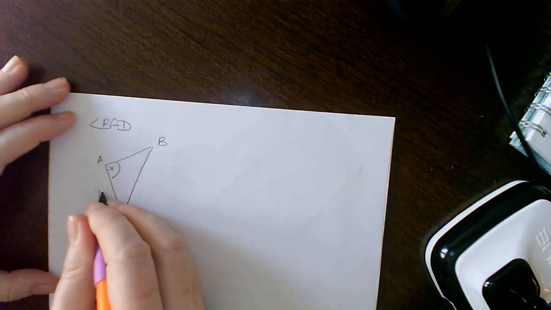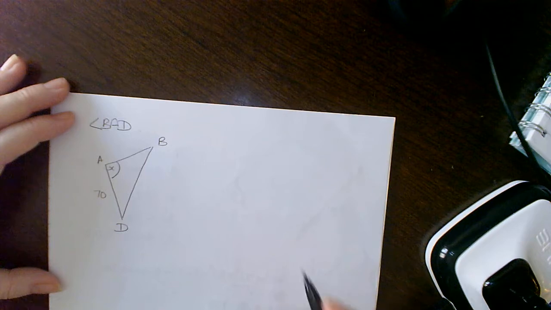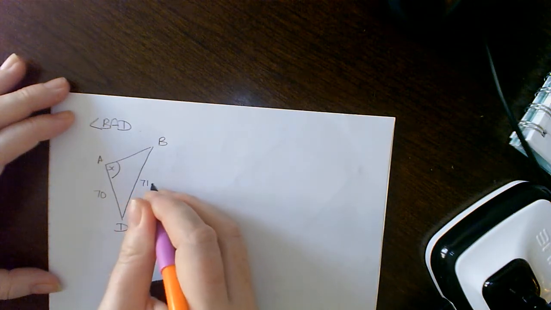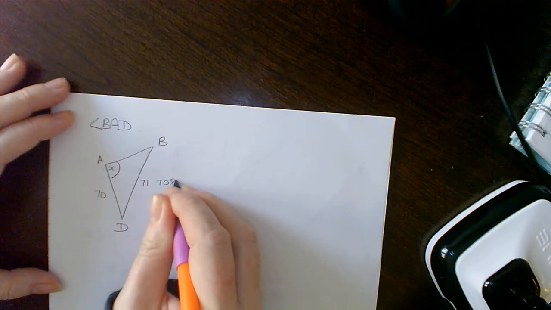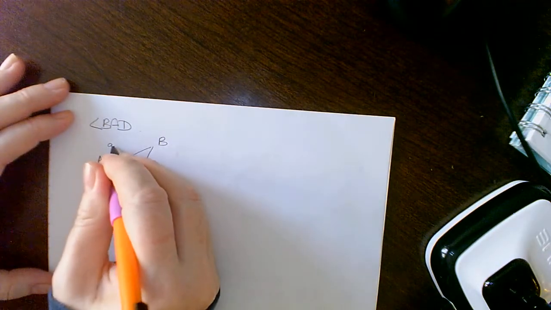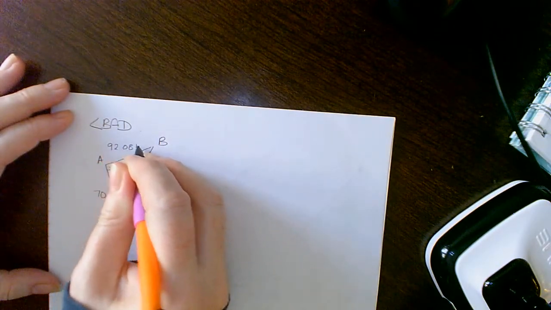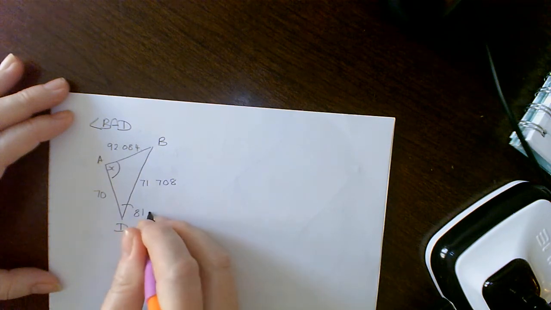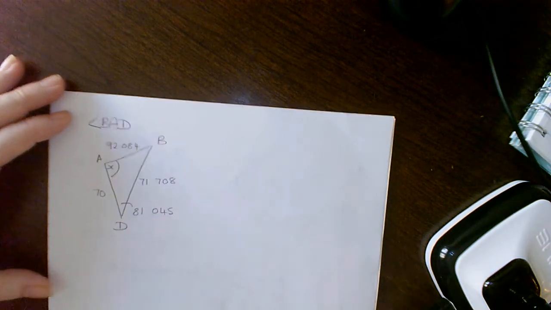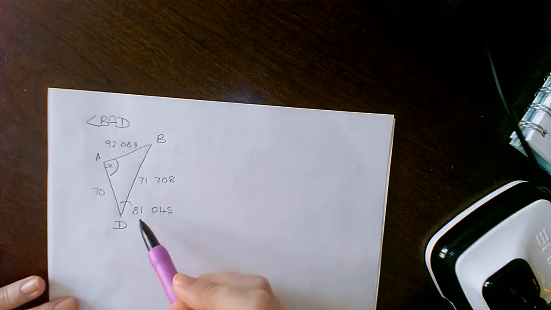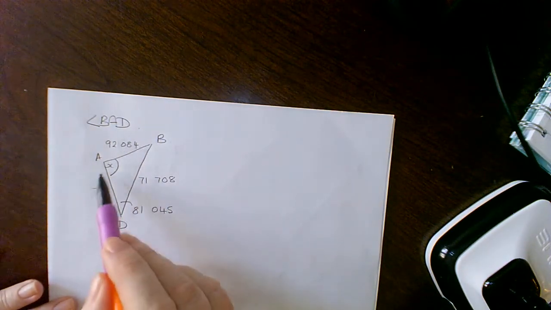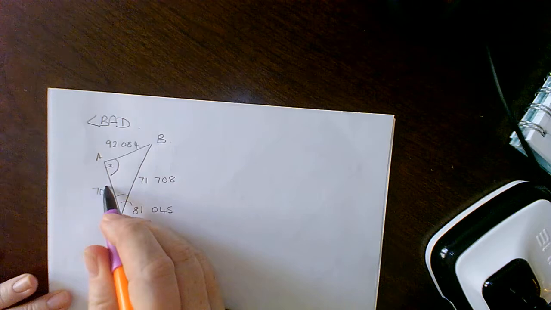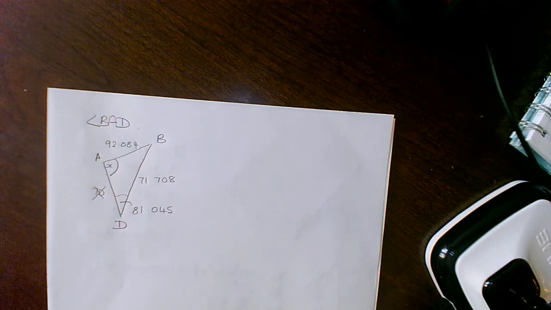I know that that's 70 from the question. I know that that's 71.708. I know that that's 92.084. That is what I've just found. And I know that that angle in there is 81.045. So I've got that side and that side together, that side and that side together. I don't need that 70, I can use the sine rule.